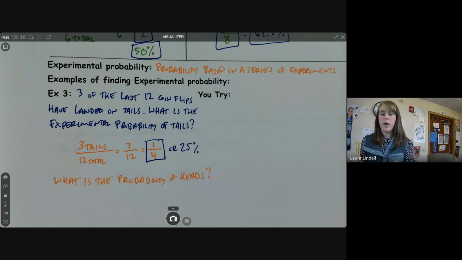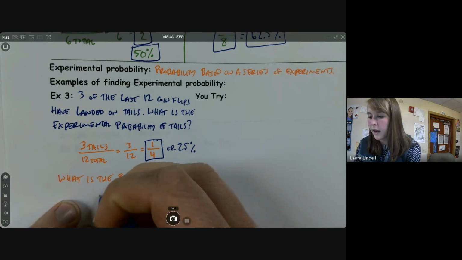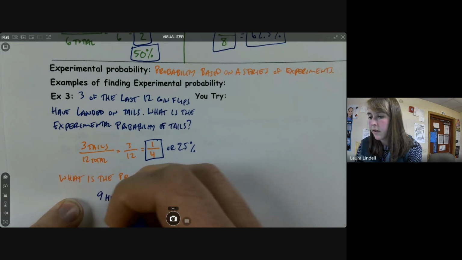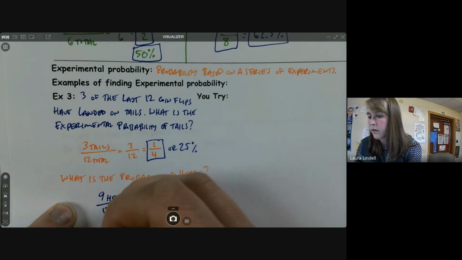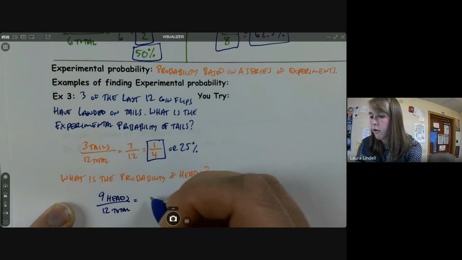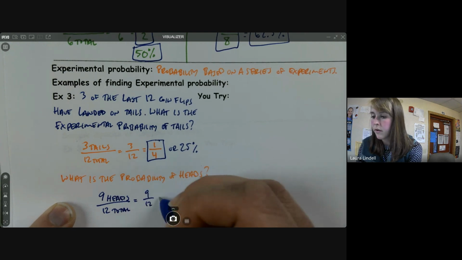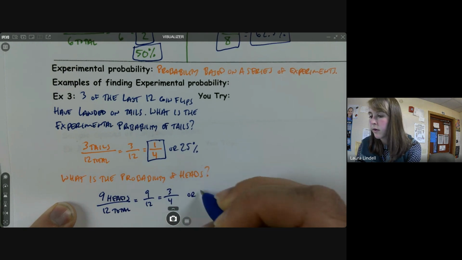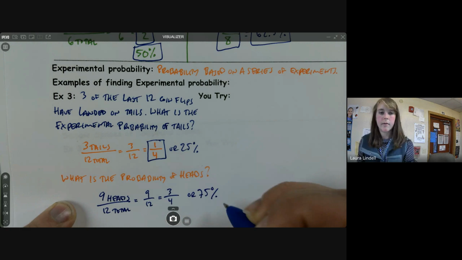Well, it must be 12 minus 3, right? Which is 9. That means that 9 landed on heads. There were 12 total coin flips still. So that would be 9 over 12, which is also known as 3/4, or 75%.